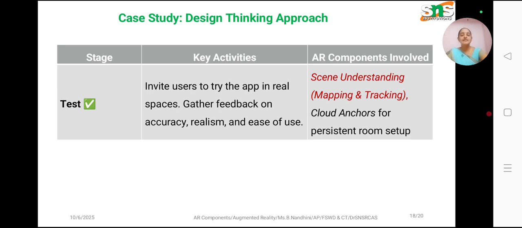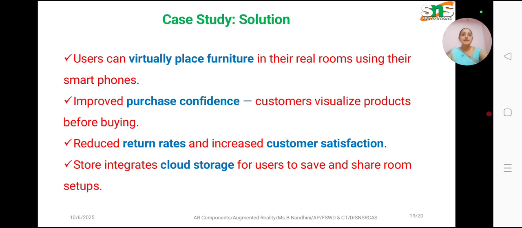We invite some users to try the app in real spaces, and we can gather feedback from the users on accuracy and ease of use. The AR component is scene understanding, tracking and mapping, and also a cloud anchor. So this is the case study approach.